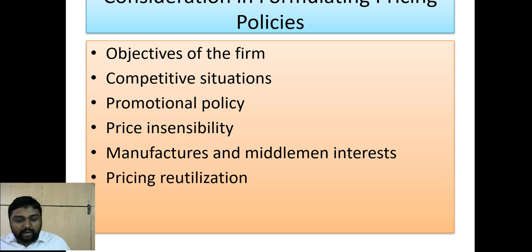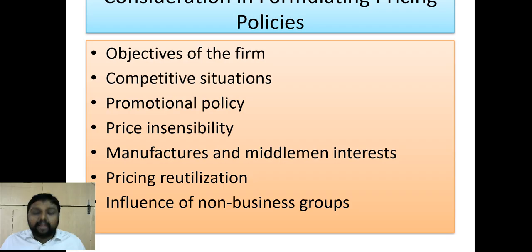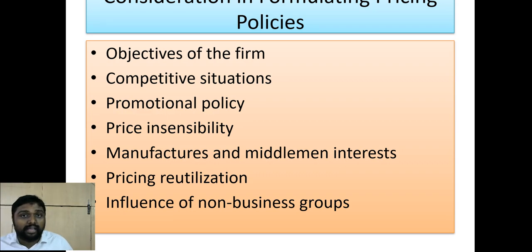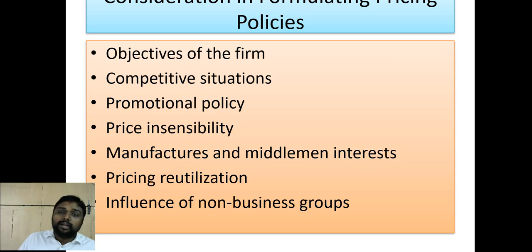Another point is price regulation. Then influence of non-business groups. This is another factor. If non-business groups are influencing your price, it can go two ways. If it is favoring that, your price may go up. If it is not favoring that, your price has to come down, because that has to be followed.